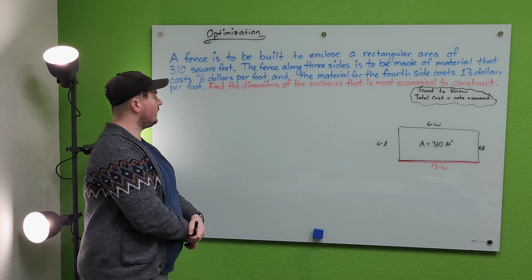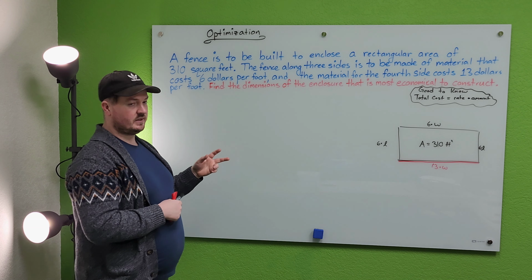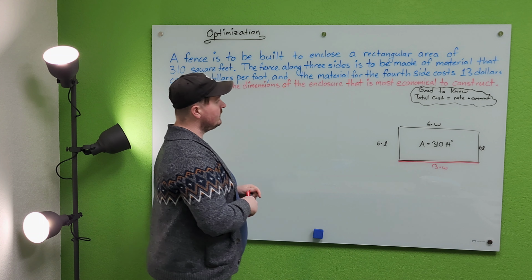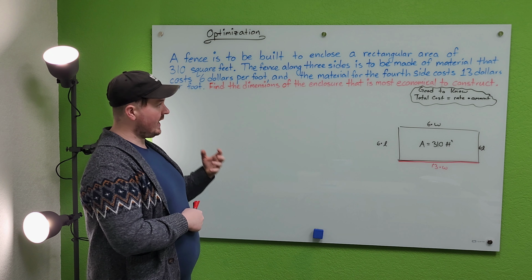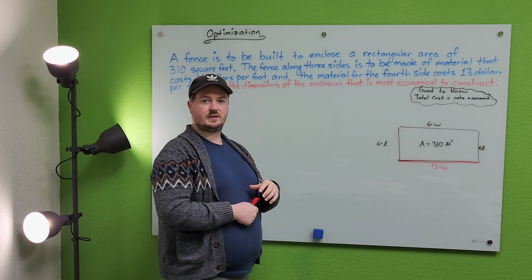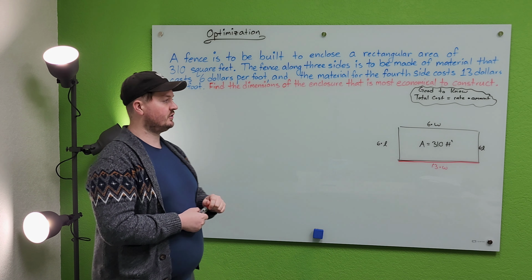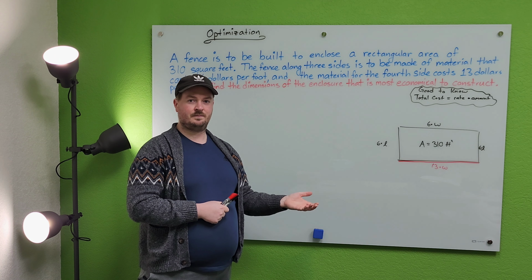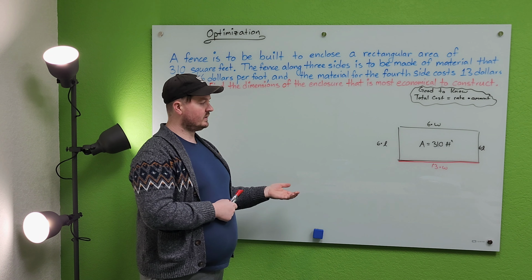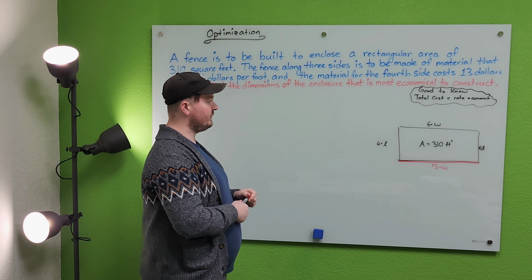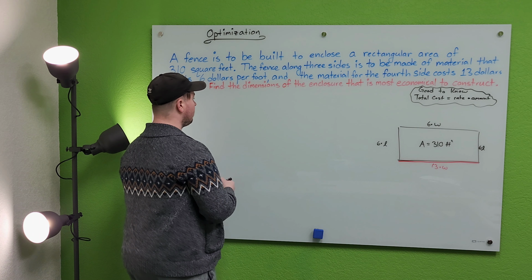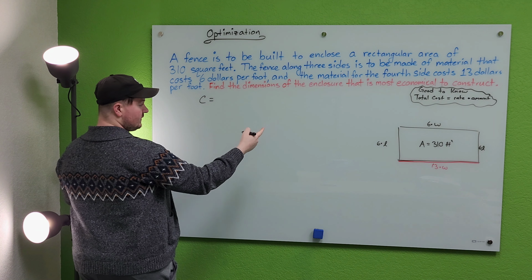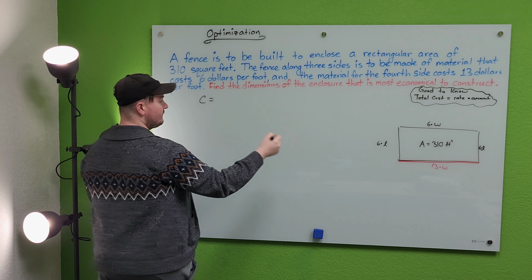Now, our overall objective is to find the dimensions, the length and the width, of the most economical enclosure, so the one that's cheapest to construct. So we want to look at cost overall, and we want it to be minimal. We want to minimize the cost. A formula we can come up with is that the cost overall is the cost of each side put together.